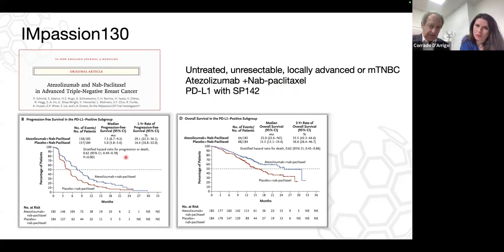Anyway, these patients were treated, and you can see here the progression-free and the overall survival, and you can see the two lines, they are separating quite nicely, and this was the basis for an accelerated approval by the FDA in 2019.